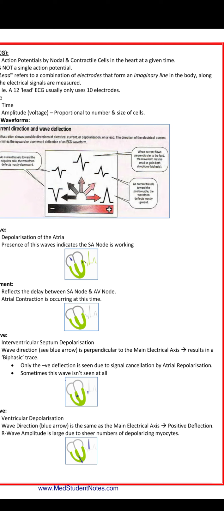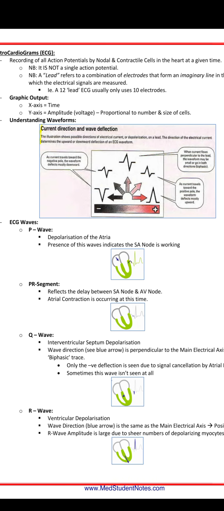Sometimes the wave isn't seen at all. Sometimes the wave is not even present, so it is very hard to identify the Q wave. The first wave is the P wave. After the P wave, there goes a straight line, the PR segment.